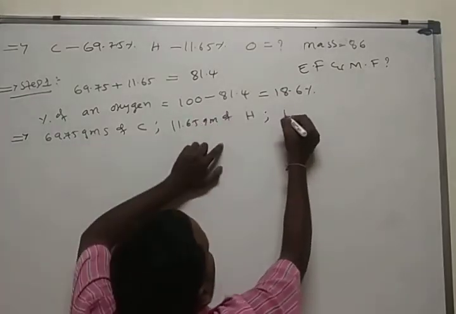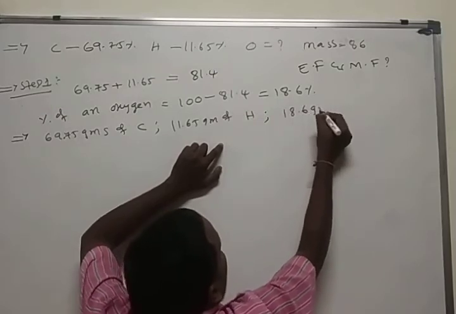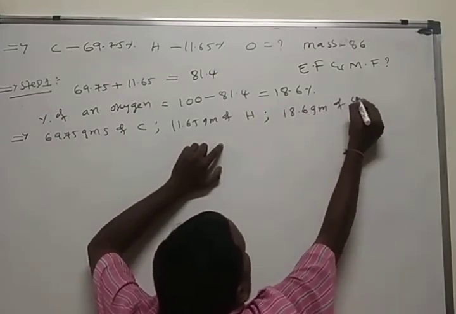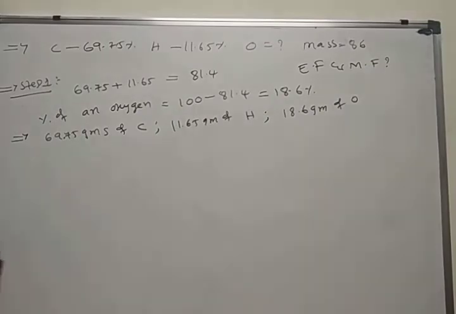Next, 18.6 grams of oxygen. Okay, first step over: convert percentage into grams and make 100%. Okay, next is step 2.